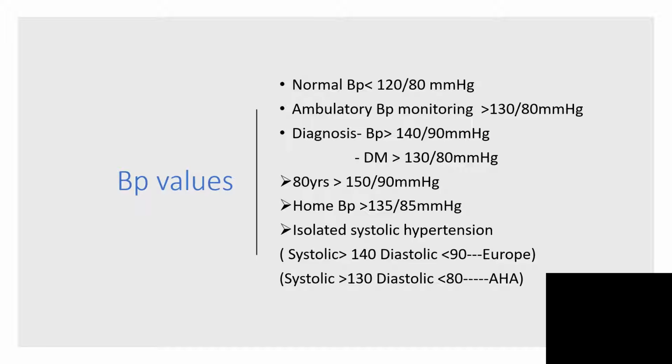That's what we call isolated systolic hypertension, and that is when systolic is greater than 140 and diastolic is less than 90. In Europe, that is the diagnosis of isolated systolic hypertension.